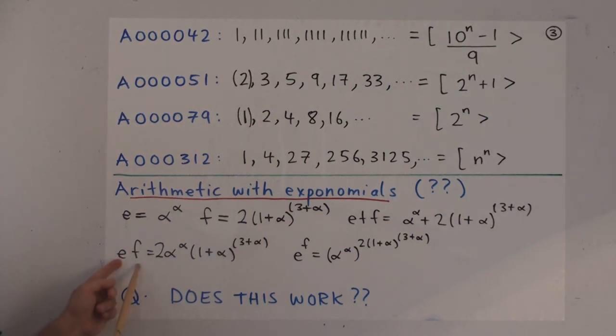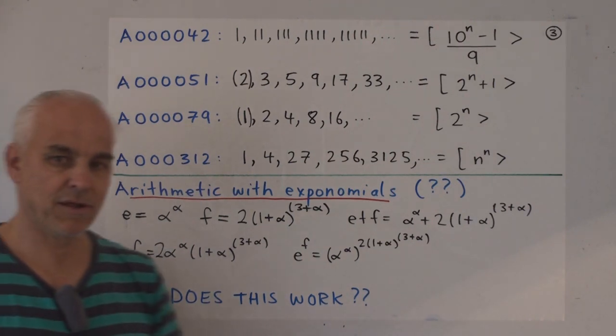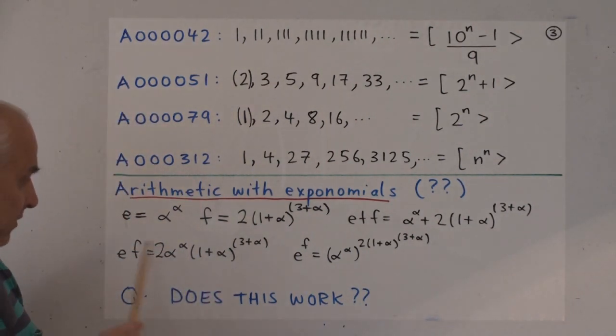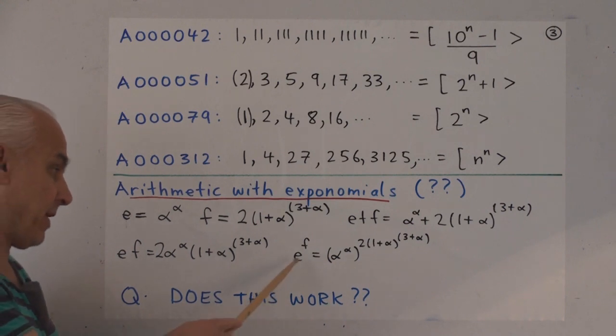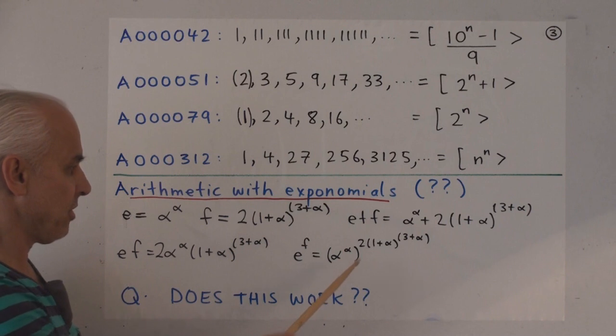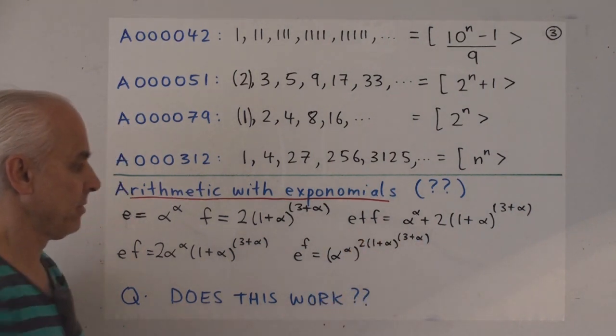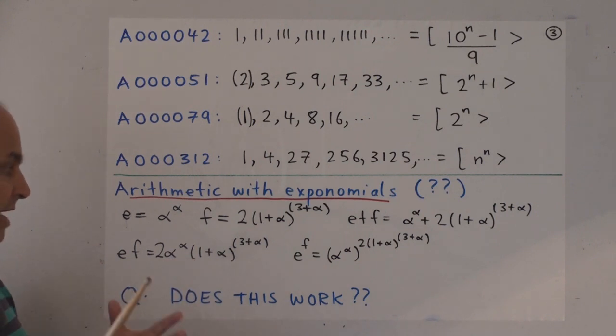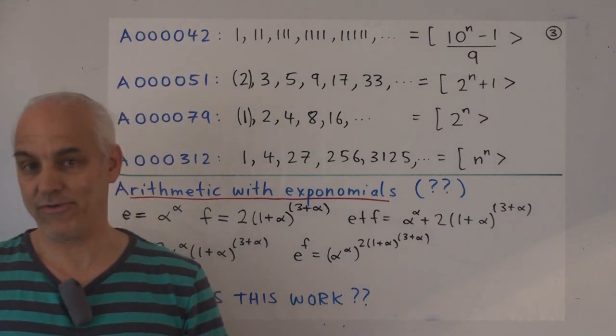We could also multiply them to get that exponomial. And we could do something that we generally can't do with just polynumbers. We could raise one of these to the other. So we could consider something like e to the f. That would be alpha to the alpha to the power f, which is up there. Or equivalently, we could look at f to the e.